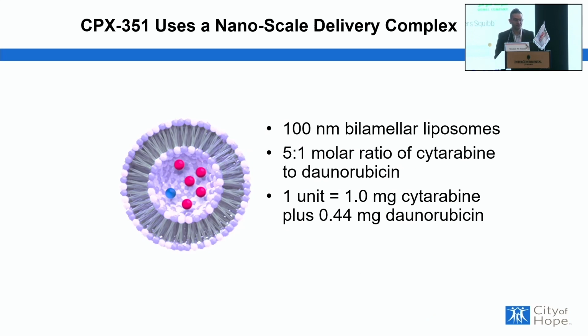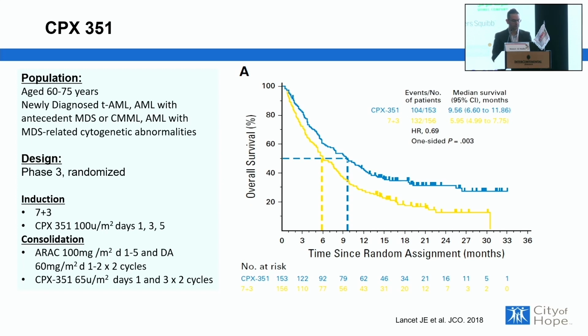CPX-351 is a nanoscale delivery complex with a 5:1 molar ratio of cytarabine and daunorubicin. The data for this comes from this study, where patients aged 60 to 75 years with newly diagnosed therapy-related AML or secondary AML were randomized to 7+3 versus CPX on days 1, 3, and 5.